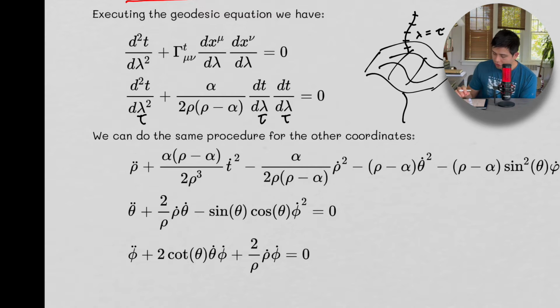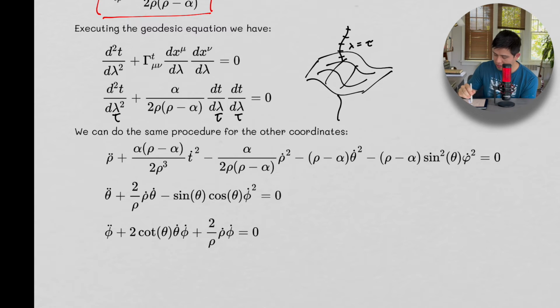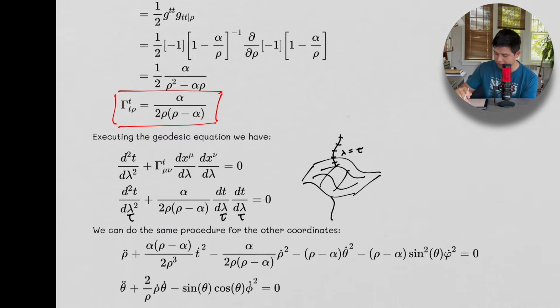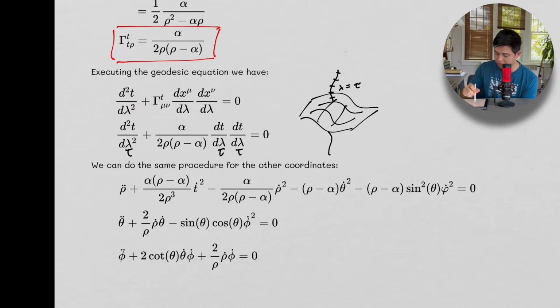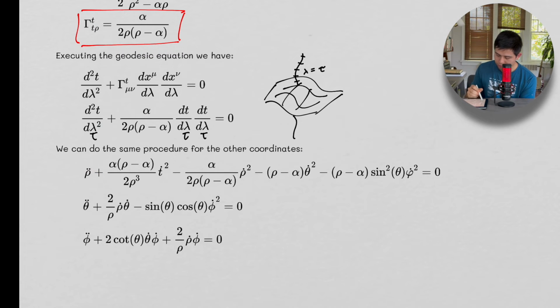All right, and so what this does, we can do the same procedure. We go through all of this, we calculate all of our affine connections, put them into the geodesic equation, and when we do that, we get 3 more geodesic equations, okay? Each one associated with each of the coordinate parameters.